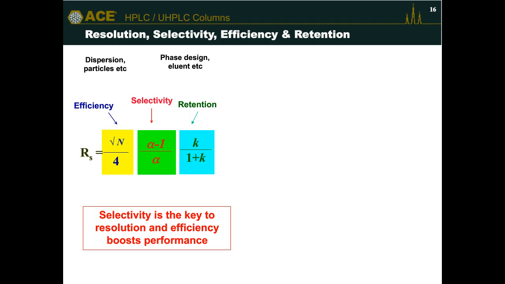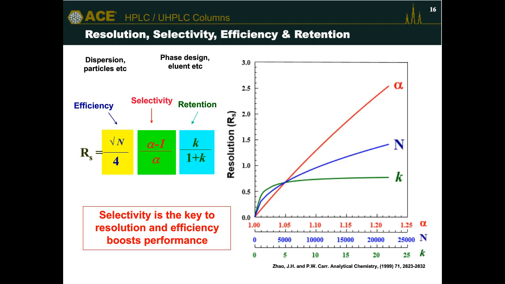If you put it graphically, you can see that you need retention of your analyte. This is the K value shown in green. Retention values between 2 and 10, 2 and 20 are fine. If you have too much retention, you are leaving analytes on the column for too long. You're not actually gaining anything in terms of resolution or separation of your analytes.